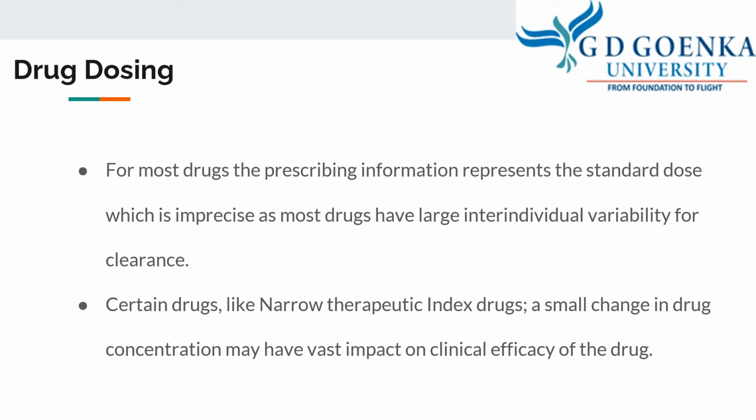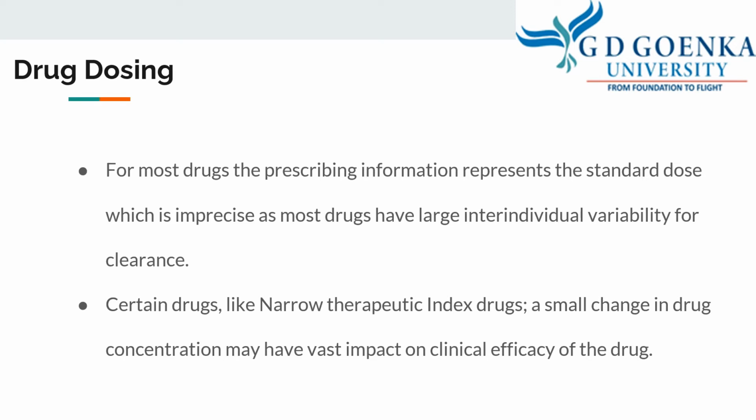The other drug with a narrow therapeutic index is lithium. The degree of manic depressive episodes cannot be correlated with the exact time of administration of the drug to get the maximum clinical efficacy.